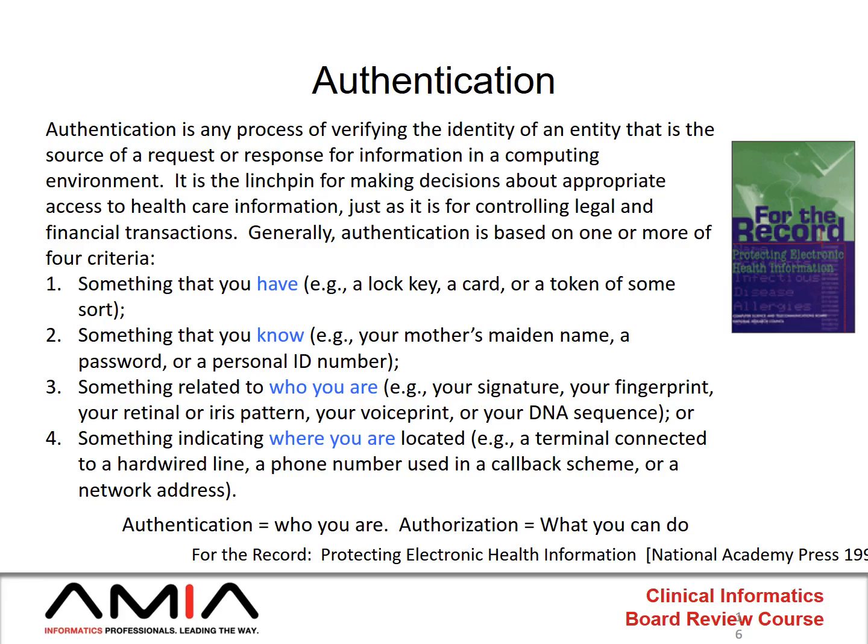So having more than one of these is a very good idea. Not just having a password, but having a token of some kind. And that's becoming more common with cell phones now. Fingerprint recognition adds an element of who you are.